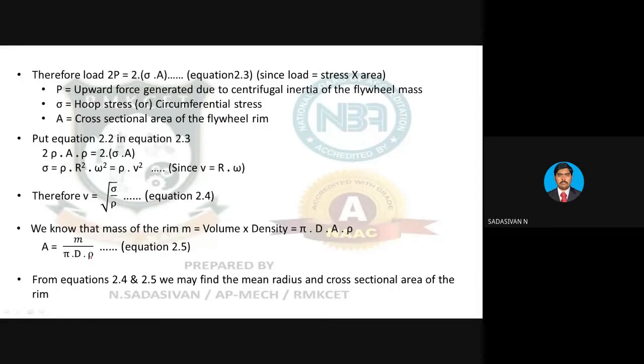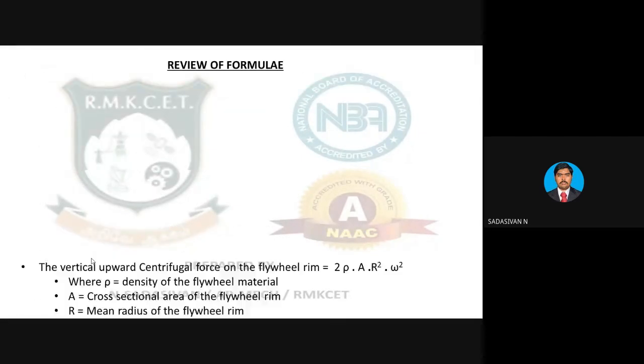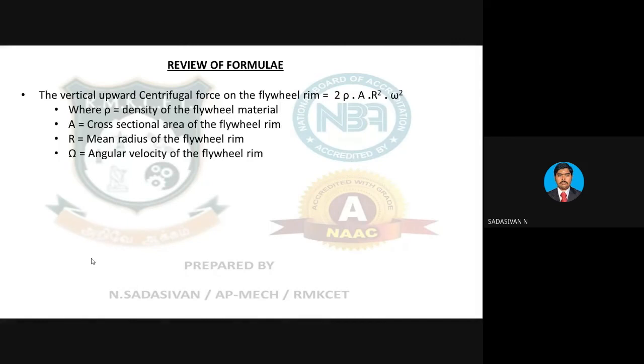For those who are interested in reading, this PPT is shared with you. From equations 2.4 and 2.5, we may find the mean radius and cross-section area of the rim. We are going to use these formulas in solving problems. 2 rho a r square omega square, where rho is the density, a is the cross-section area, r is the mean radius, and omega here is, by mistake, shown as capital omega.